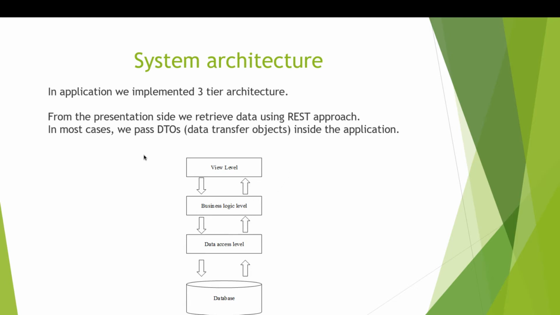On the view level, we receive a model from the UI side, which is converted to DTO. After that, we go further into the business logic level, where we perform crucial operations in our system, and on the data access level we deal with database models.